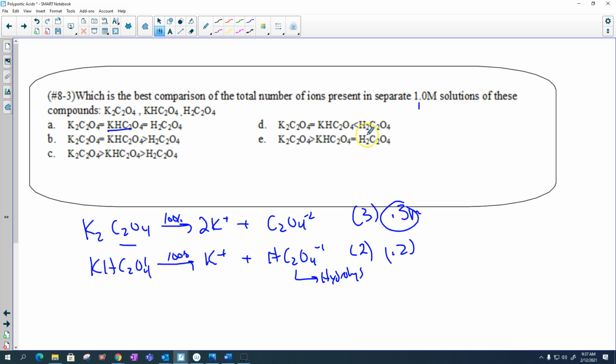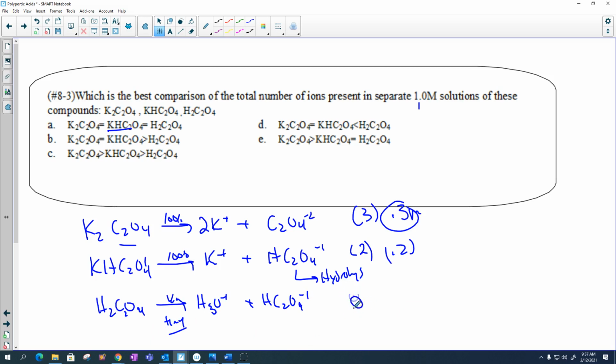And then this guy here, H2C2O4, is going to produce via hydrolysis H3O plus ions plus HC2O4 minus 1. But this Ka value is tiny. So really, we almost get nothing.